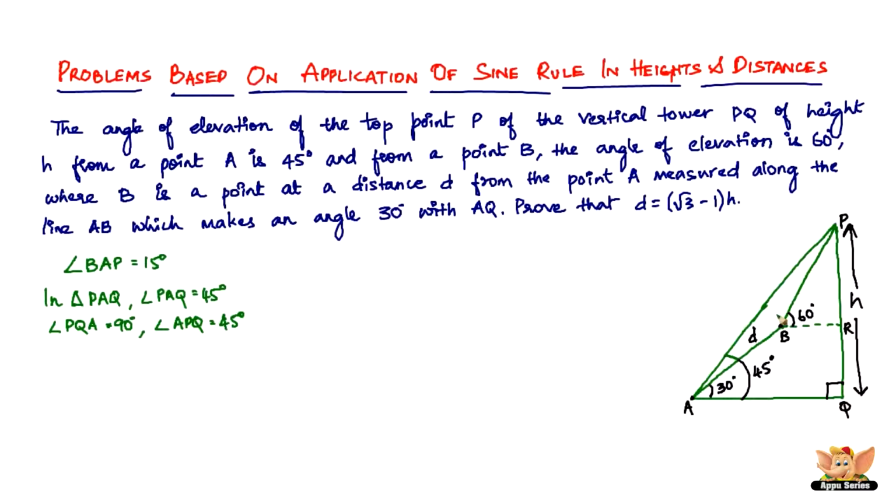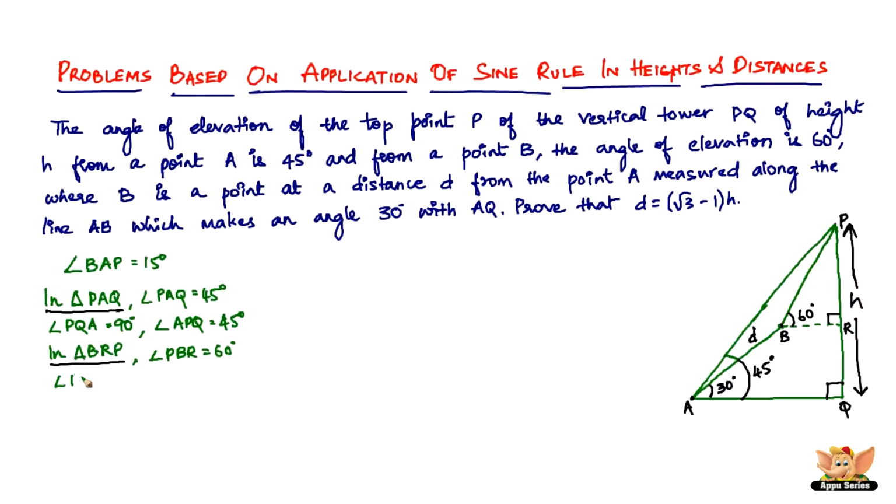Now let's consider the next triangle, triangle BRP. So in triangle BRP, we have PBR already given, which is 60 degrees. Alright. And then angle PRB, again, it's going to be a right angle, is 90.